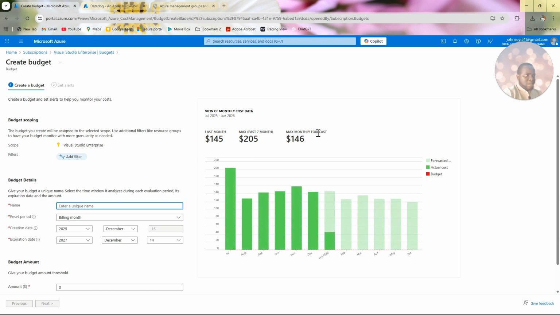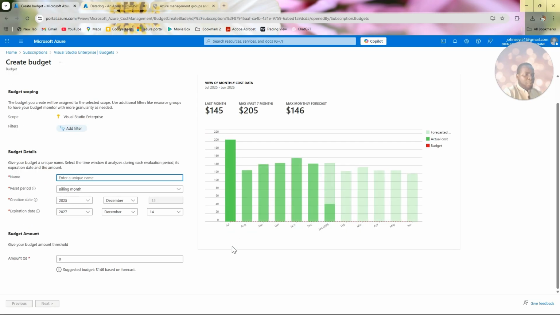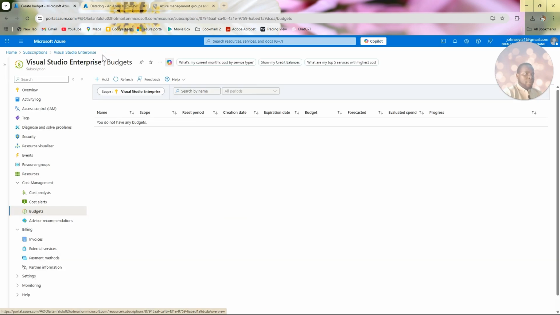My monthly max forecast is this. So I can now make my budget and say, okay, next in February, this should be my budget. You get it? In March, this should be my budget. I can now use that to make the right decisions on my spending, and also on the resources that I should allow to remain in Azure, or the new resources I need to make. So these are management decisions also.